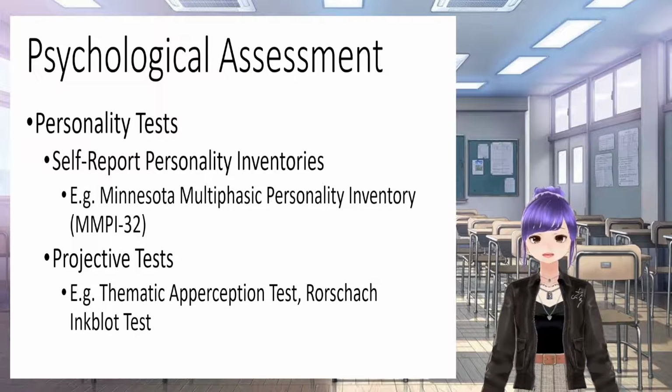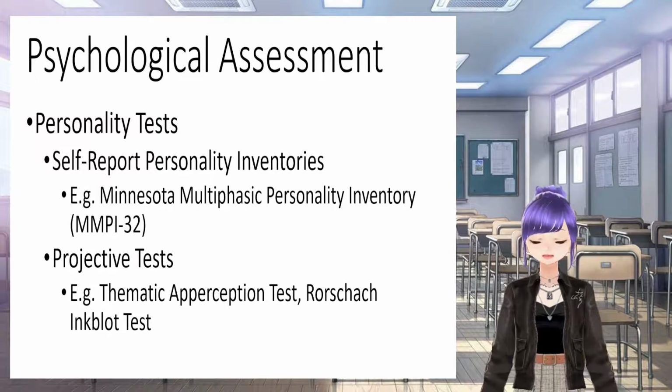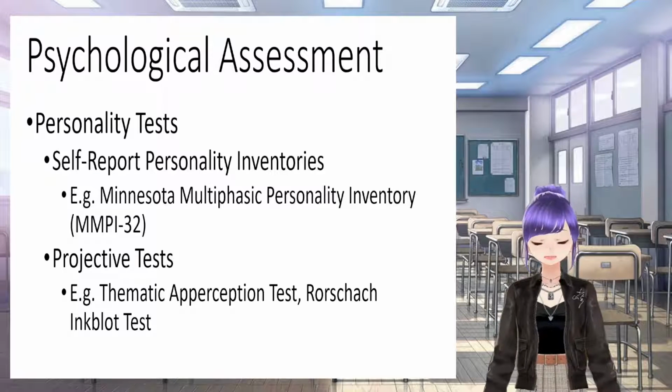So, the MMPI-2 is much more reliable and has adequate criterion validity. And there is one advantage of the MMPI, it can detect whether you are faking good or faking bad.